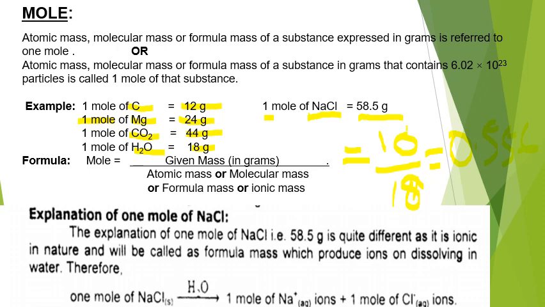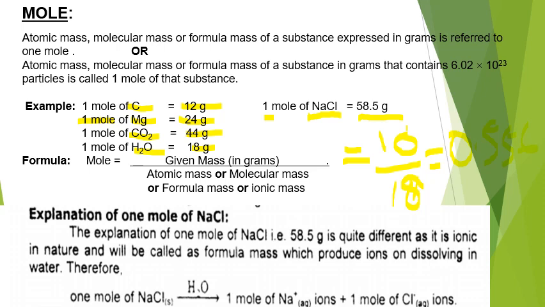Again, if we talk about ionic mass, how to explain it? Or we say 1 mole of sodium chloride, if it is asked as a short question, that 1 mole of sodium chloride contains 2 moles of ions, then how will you justify it? Now here an equation is given for this 1 mole of NaCl. NaCl is an ionic compound and you know very well ionic compounds are formed of aggregates of ions. When sodium chloride is dissolved in water, it is going to generate sodium ions and chloride ions.